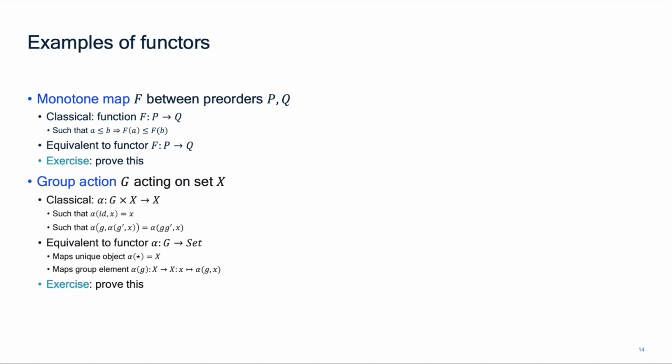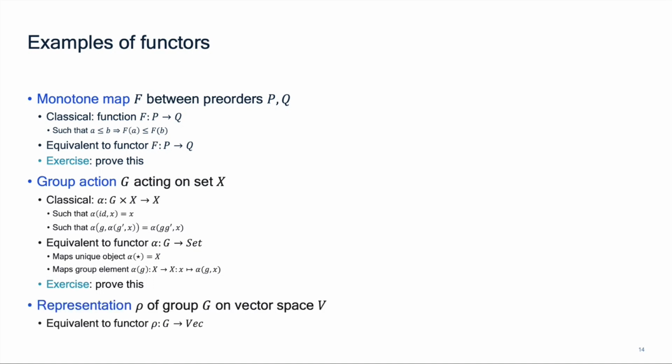So here we have another example where a group action has this very elegant categorical definition. It's just a functor from the group to set. Similar for representations, it's a functor from a group to the category of vector spaces.